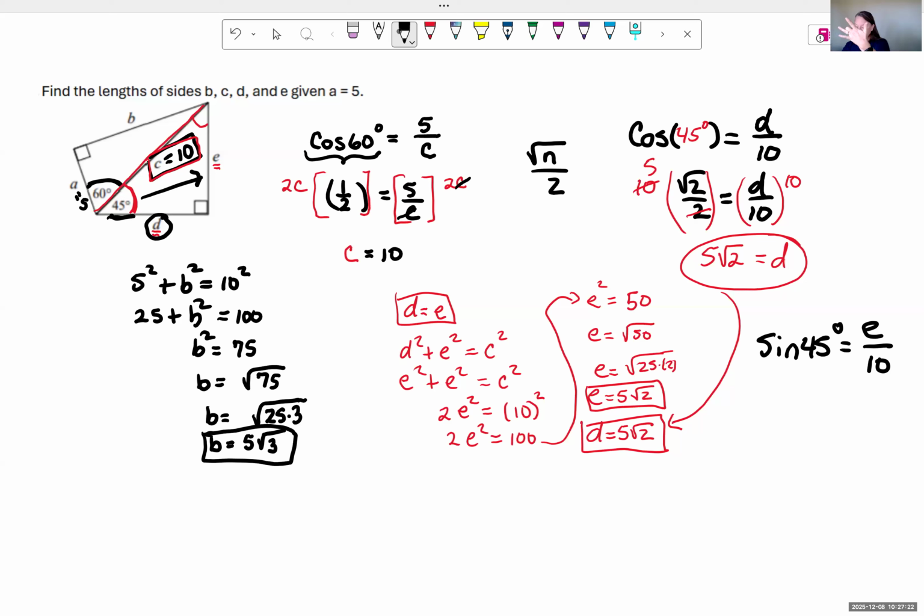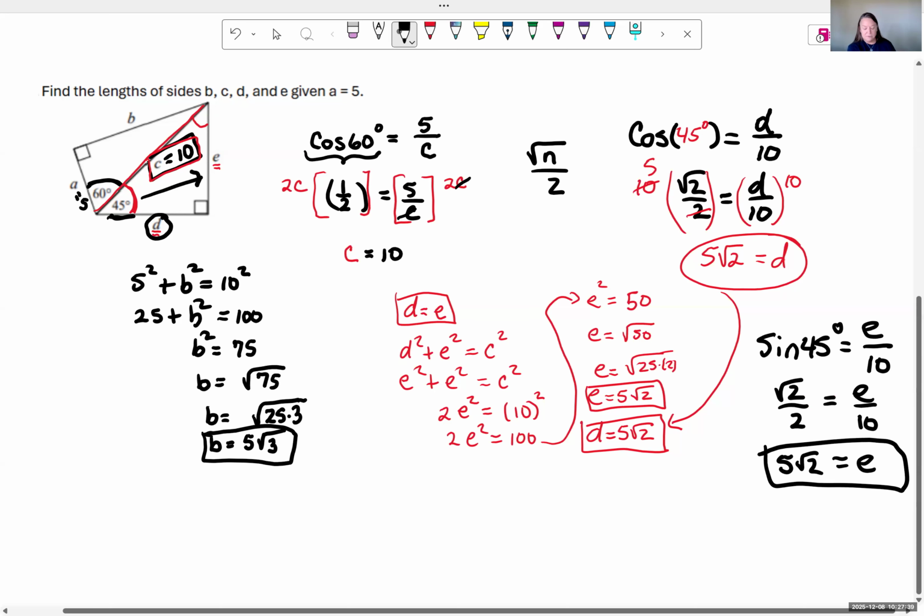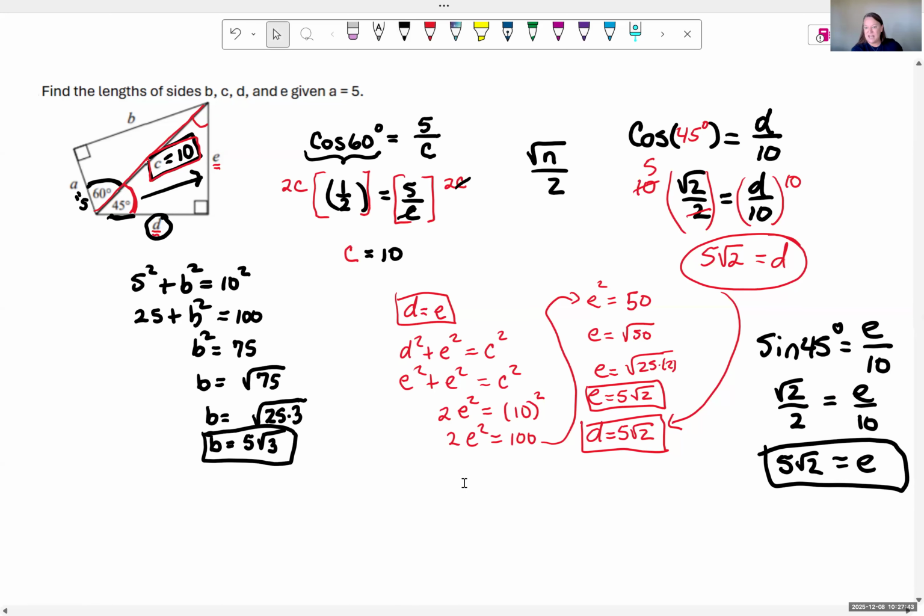So counting up, I have root 2. So root 2 over 2, just like the other one was, is equal to E over 10. If we multiply both sides by 10 again, we'll get 5 root 2 is equal to E. So there's a couple different ways that you could have approached that to figure out what the sides of those triangles were.